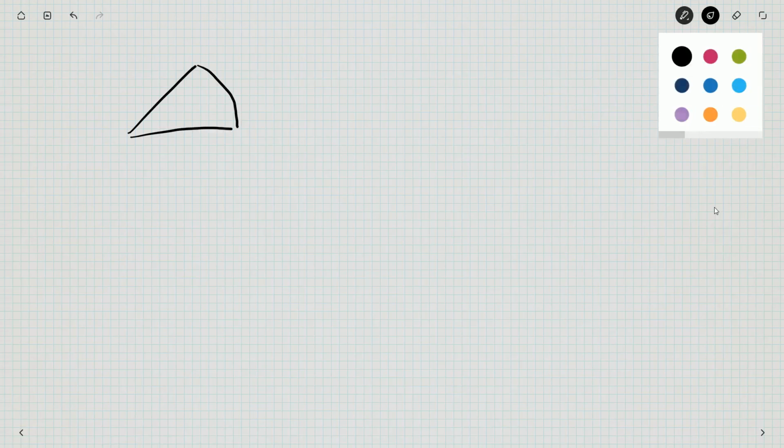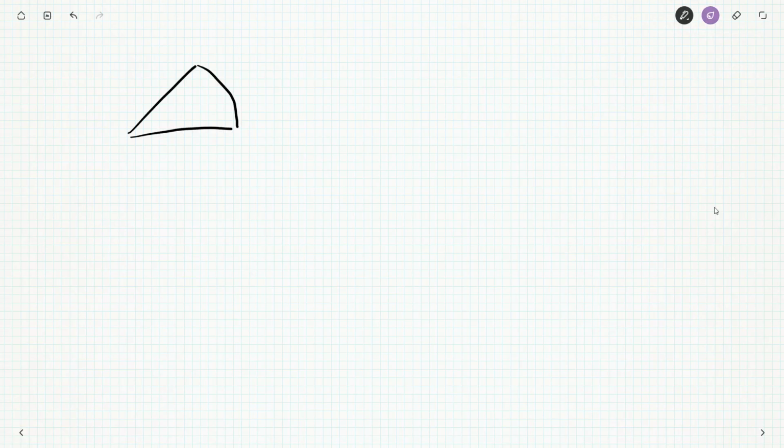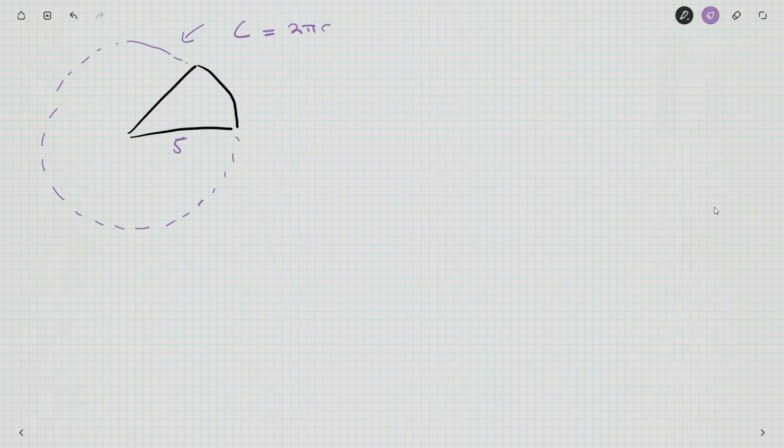And we can complete our circle here. If we draw the full circle, we know its radius is 5. And we know how to get the circumference of a circle. The circumference is 2 pi r, or pi times the diameter. But they give us the radius, so we use the radius formula. But we just want the section from, say, A to B. How can we figure that out?